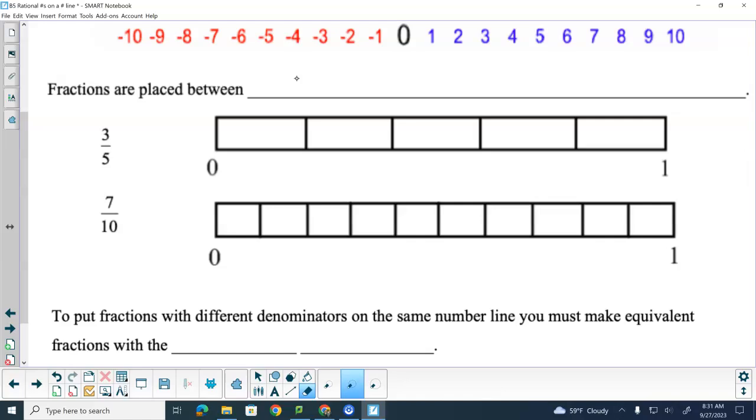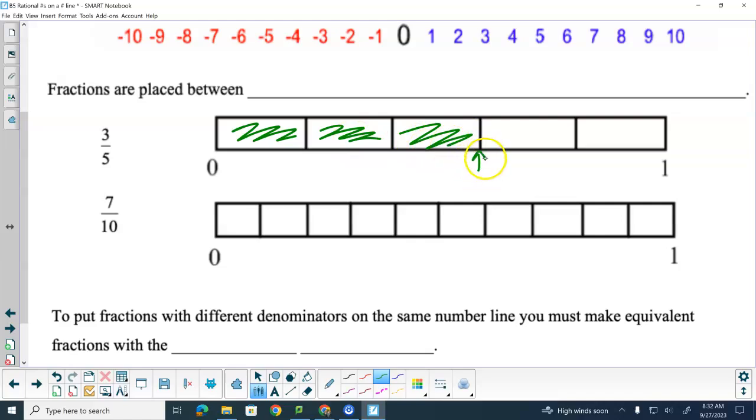Okay. So 3/5 is less than 1, correct? Why is 3/5 less than 1? Because the numerator is smaller than the denominator. Okay. So if I think about it in my brain, I'm thinking about breaking this up into 5 parts. So 3/5 would be 1, 2, 3.